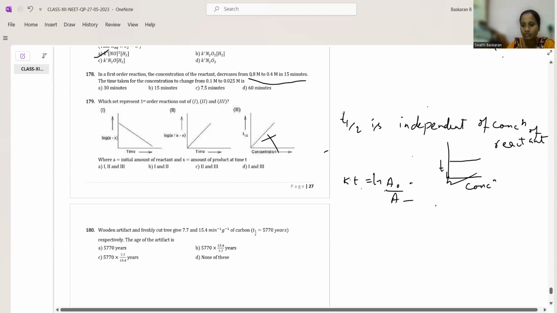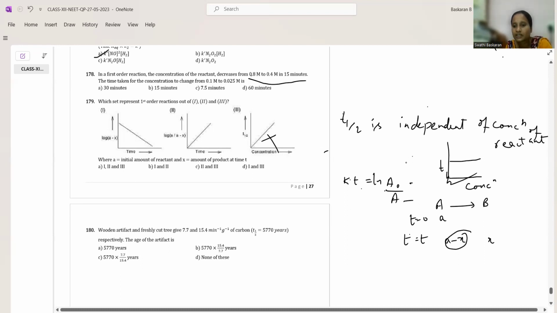If you assume a hypothetical reaction, A giving rise to B, when t is equal to 0, the initial concentration is a, that is a naught. When time is t, there will be formation of x moles of product, and hence it will become a minus x. So this a minus x corresponds to the concentration at time t, correct?